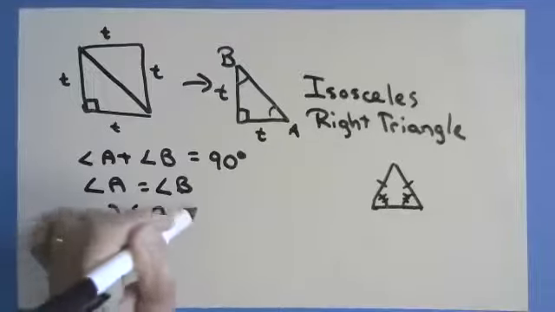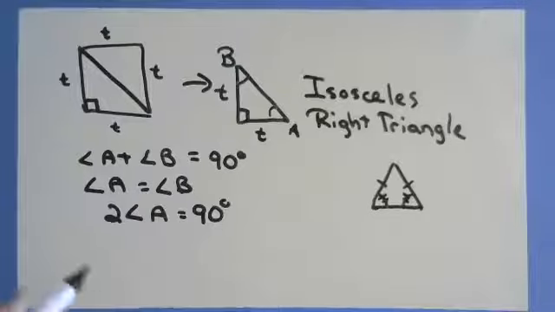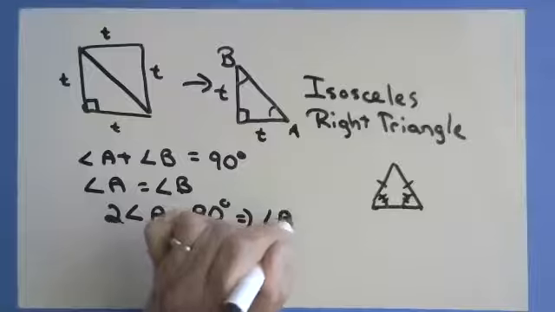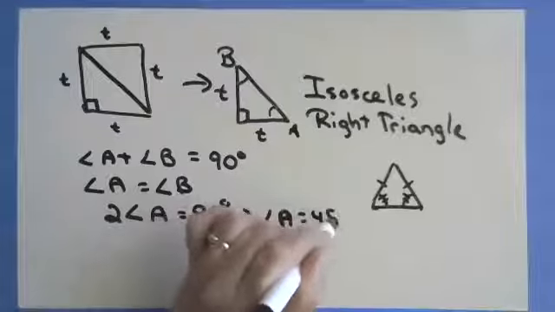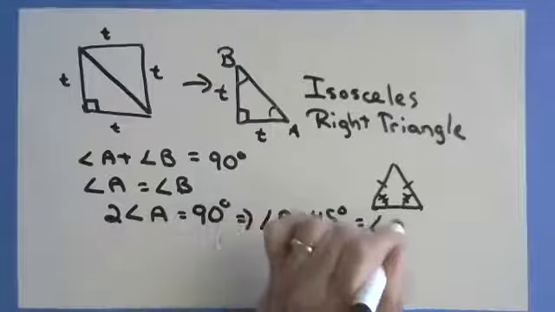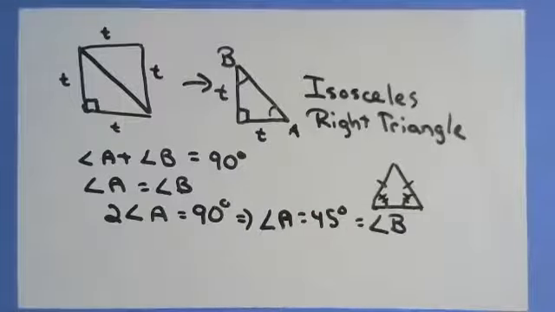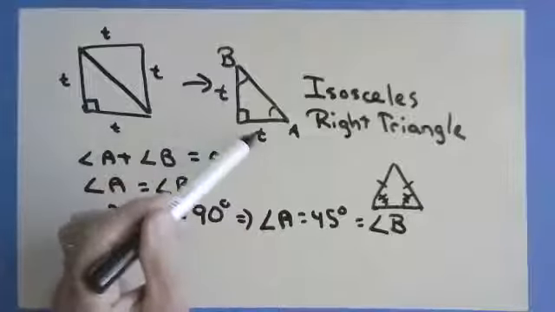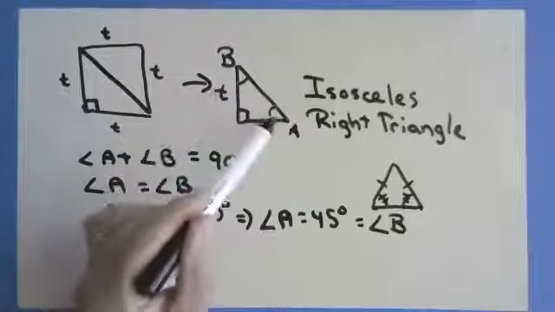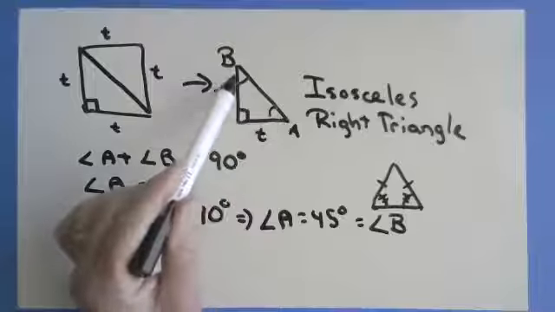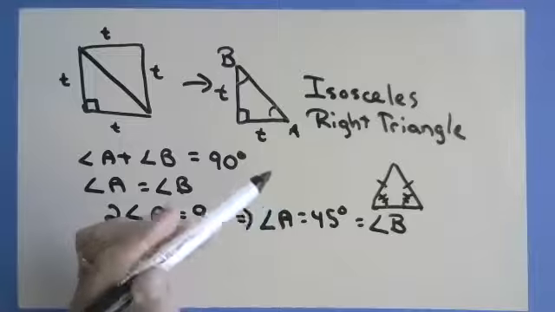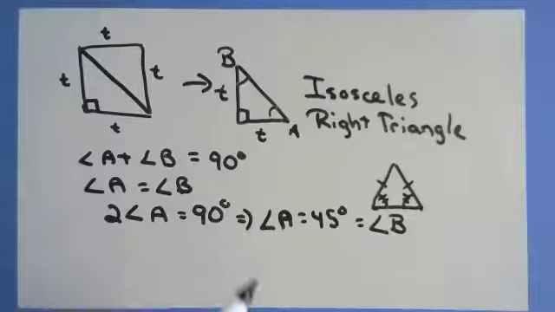That tells us that angle A has a measure of 45 degrees, and that has to be the same as angle B. So this isosceles right triangle has two sides that are congruent, and the two angles that are not 90 degrees are equal to each other, and they both measure 45 degrees.